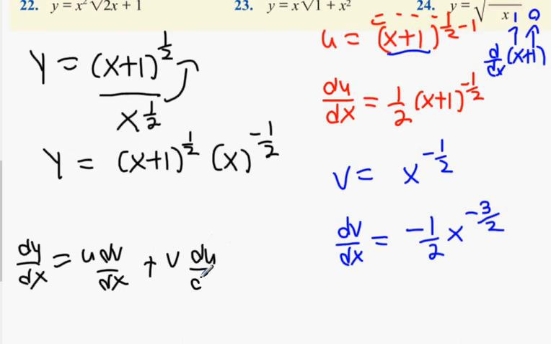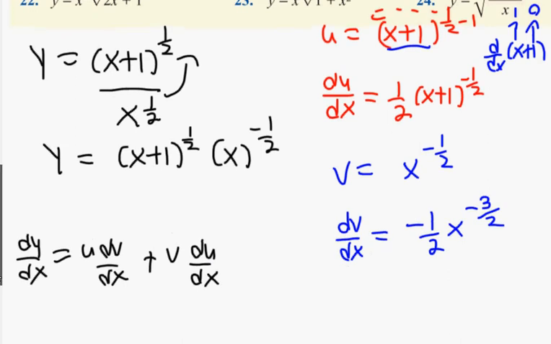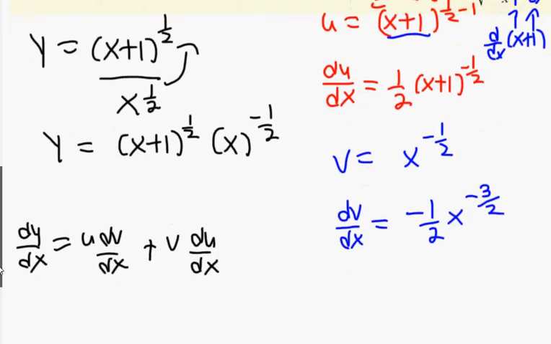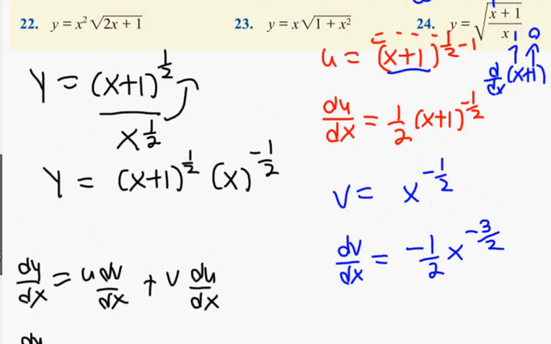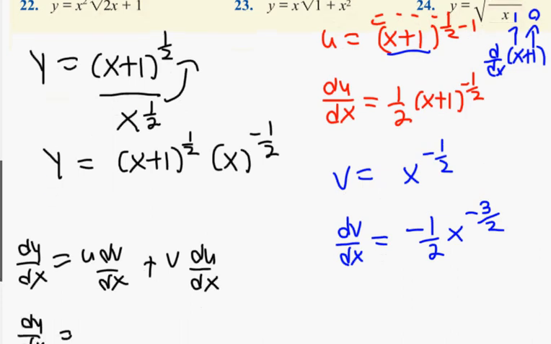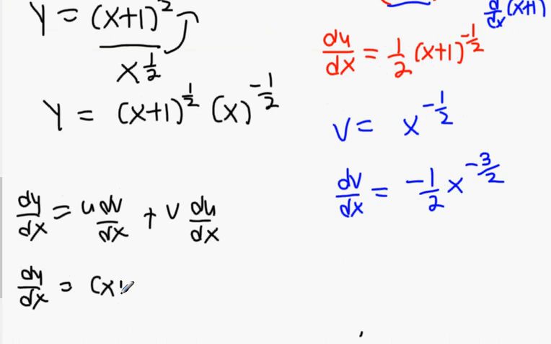Okay. Now let's put in our numbers. u is what, to say u was again? Oh, x plus 1 to the power of a half. x plus 1 to the power of a half, plus v.